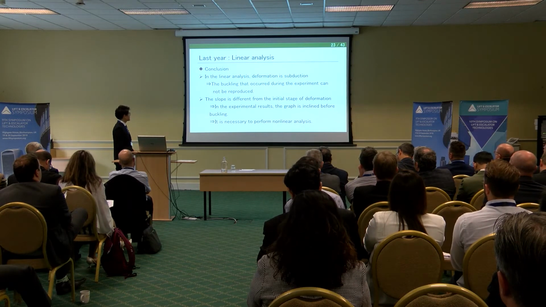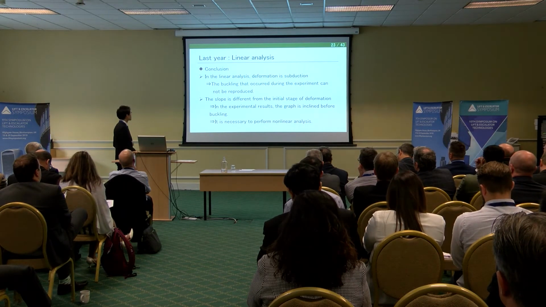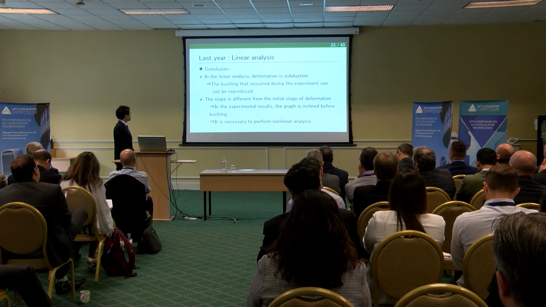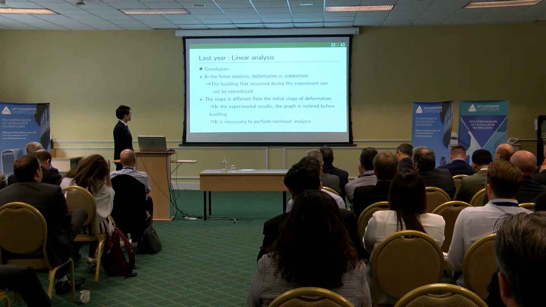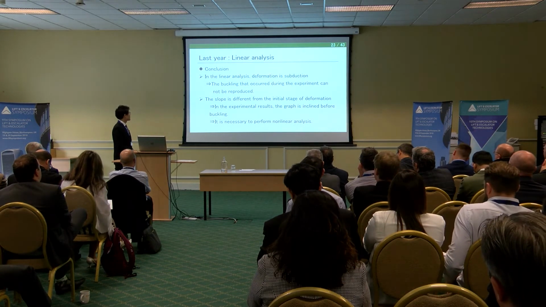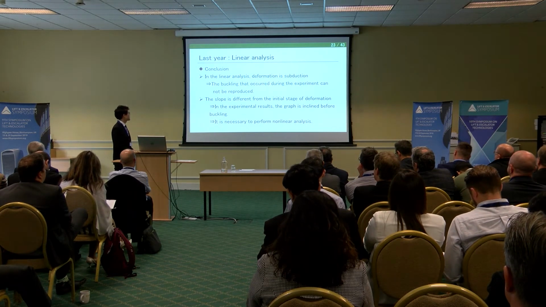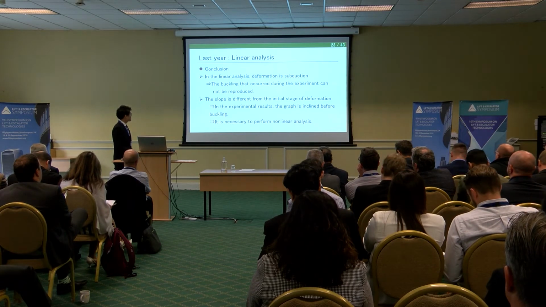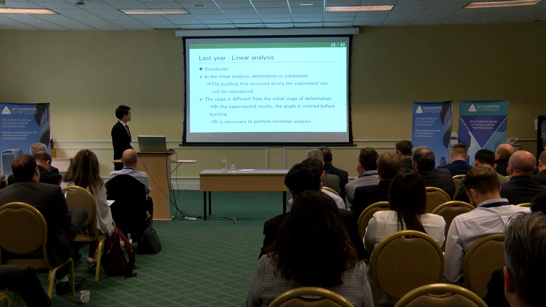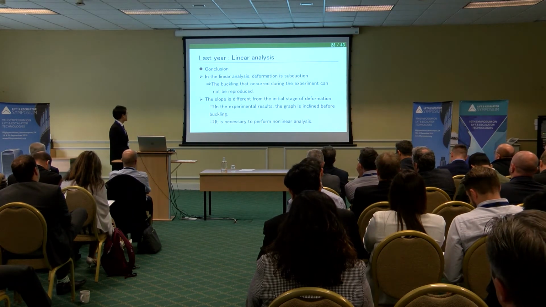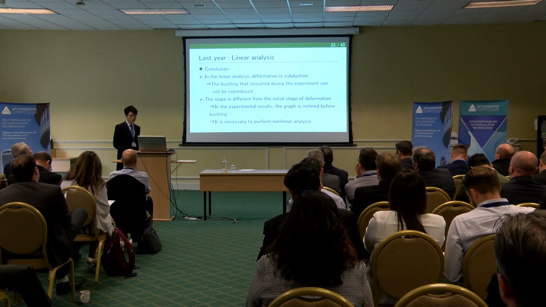In the linear analysis, the deformation is subsidence, so the buckling that occurred during the experiment cannot be reproduced. And the slope is different from the initial stage of deformation. In the experiment results, the graph is inclined before buckling, so it is necessary to perform non-linear analysis.